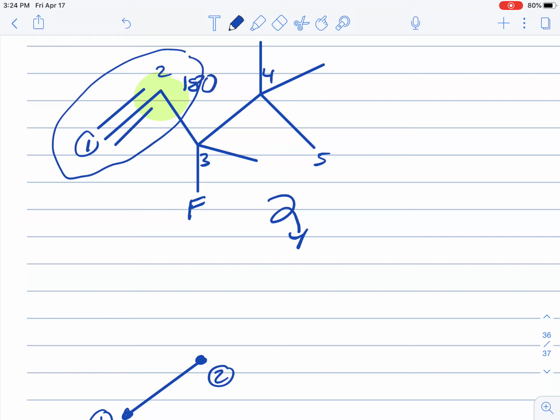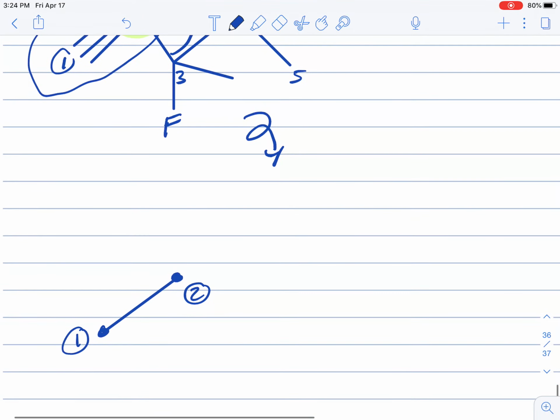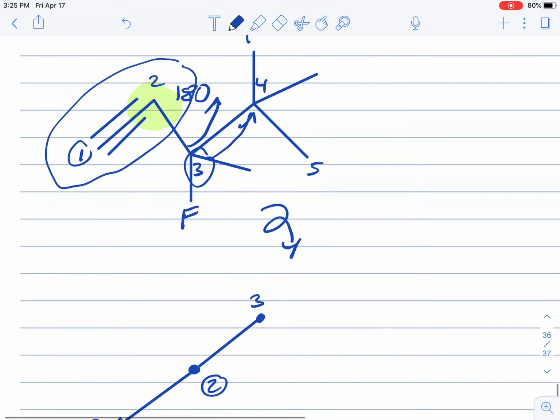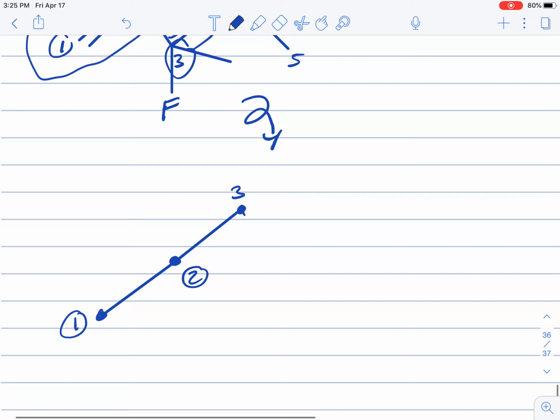Okay. So that means I need to push carbon 3 up. So that means I need to put carbon 3 up here. And then now I can bend it to represent carbon 4. And now I can go ahead and bend that to represent carbon 5.